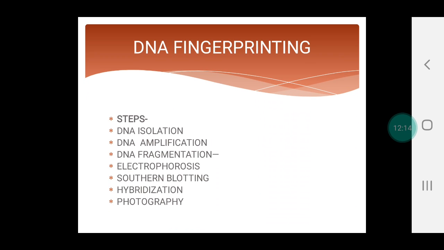Now next is DNA fingerprinting. So the DNA fingerprinting technique is based on identification of the nucleotide sequence present on this master molecule or wonder molecule, that is the DNA.